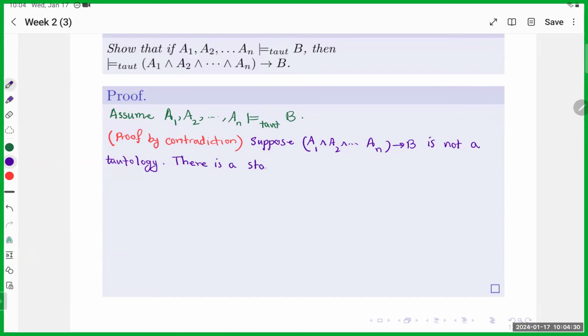Let's call that state V0, such that V0 of this formula, A1, A2, ..., AN implies B, is false.